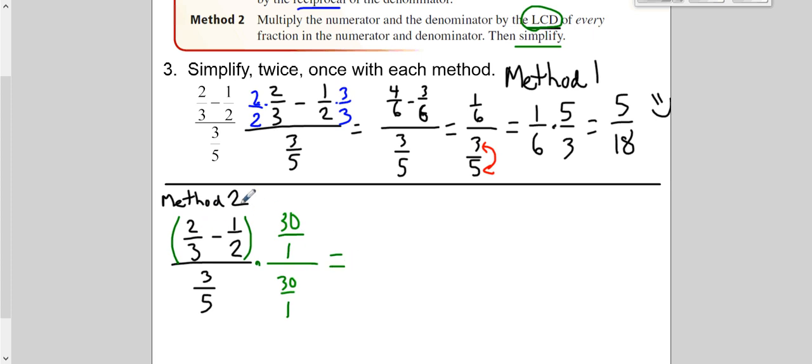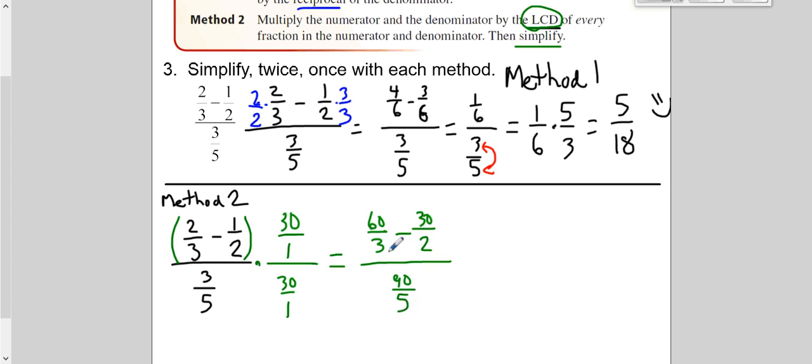We have subtraction, so we're going to have to distribute 30 times 2, 1 times 3, minus 30 times 1, 1 times 2, and the denominator, 3 times 30 over 5.